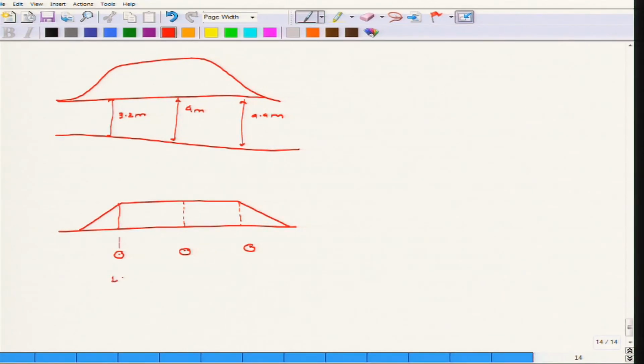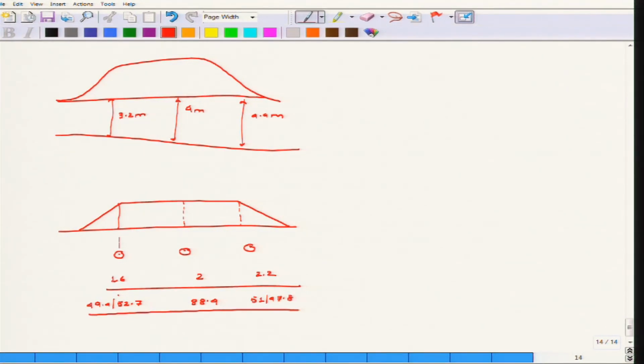So here the height is 1.6, 2 and 2.2. You know that the extra stress that is imparted here is 49.4 and 52.7, and I have ignored the formula here. Let us assume for the timing that this data is actually given to you. This is 88.4 and this is 51 and 47.8. This is delta sigma z, and this is the z.